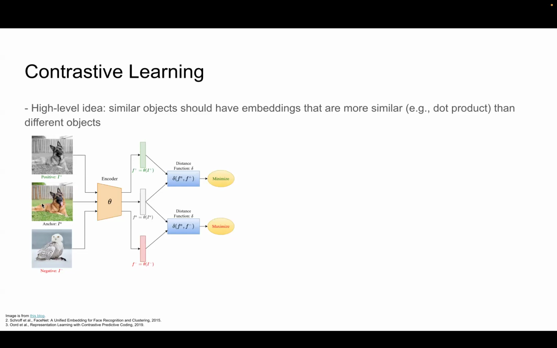An example will be the three images on the left, where we have the anchor image in the middle, and we have a positive image as well as a negative image. So we want the distance between the anchor image and the negative image to be larger compared to the distance between the anchor image and the positive image.